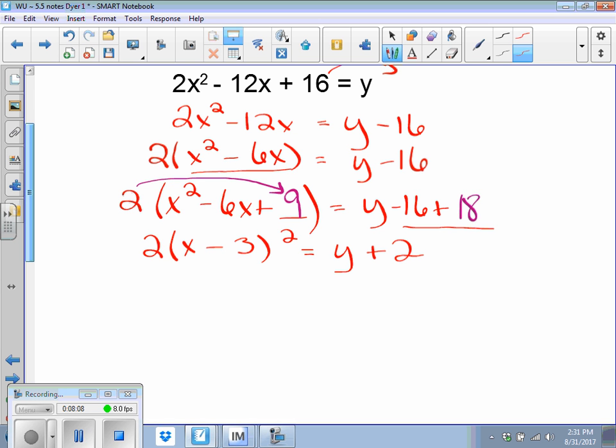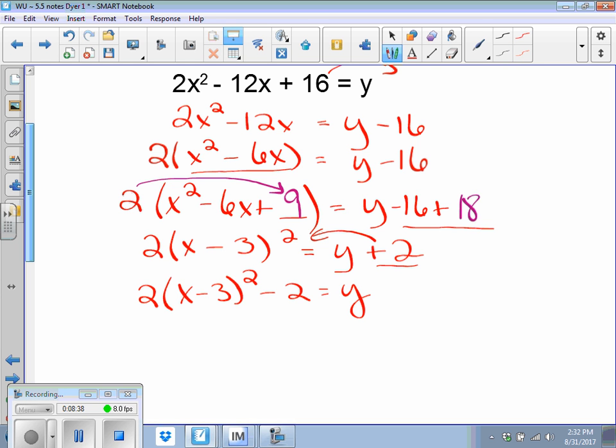We're almost done. Is it vertex form yet? What do I have to do? No, we don't want to divide by 2. Vertex form, all we need is y by itself again. So I have to take this and move it back to the other side. So we have 2 times x minus 3 squared, what? Minus 2 equals y.